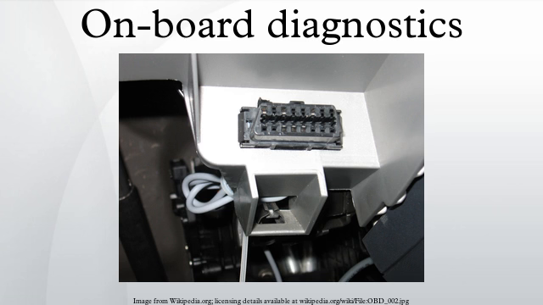ISO 9141-2. This protocol has an asynchronous serial data rate of 10.4 kbaud. It is somewhat similar to RS-232. However, the signal levels are different, and communication happens on a single, bidirectional line without additional handshake signals.